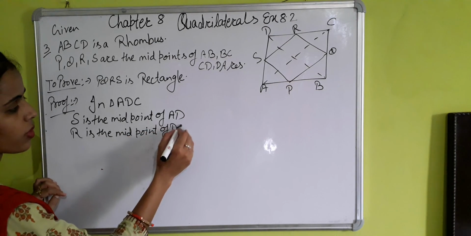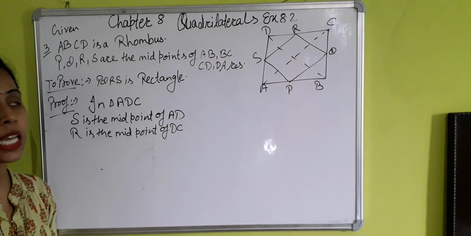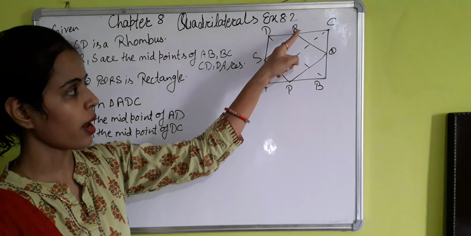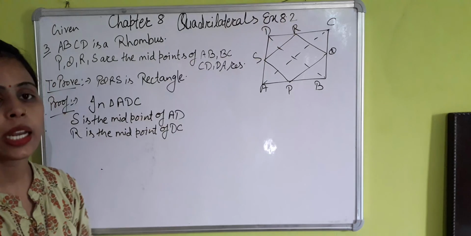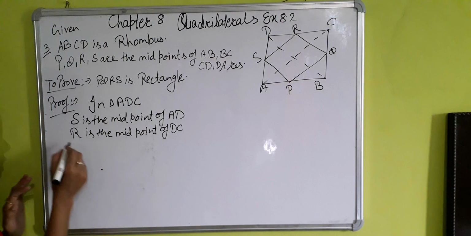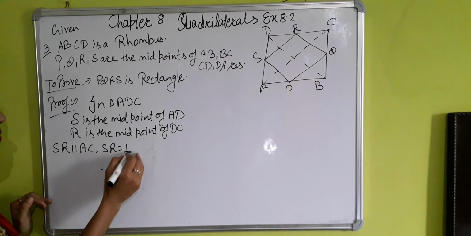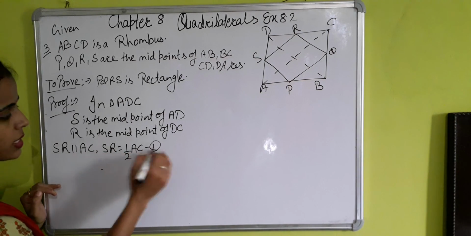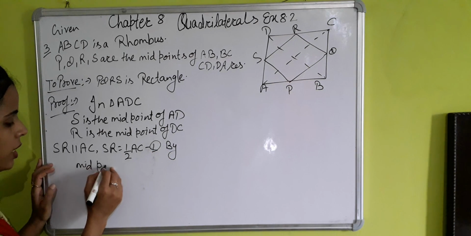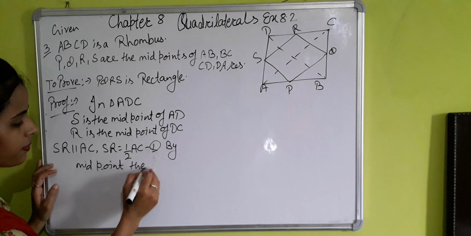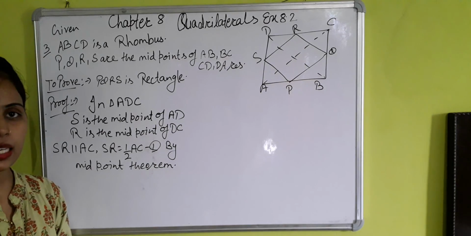So by the midpoint theorem we can say that this line SR is parallel to AC, and SR is half of AC by the midpoint theorem.